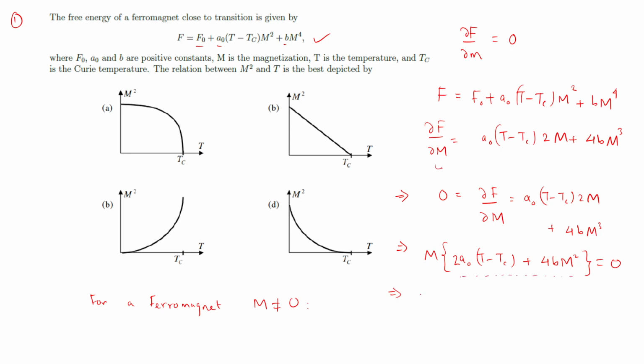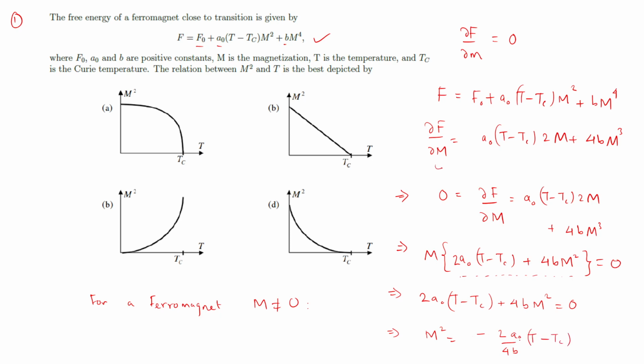Okay, so 2A naught (T minus Tc) plus 4bm square needs to be 0. So this gives me m square is equal to minus 2 A naught by 4 B times (T minus Tc).